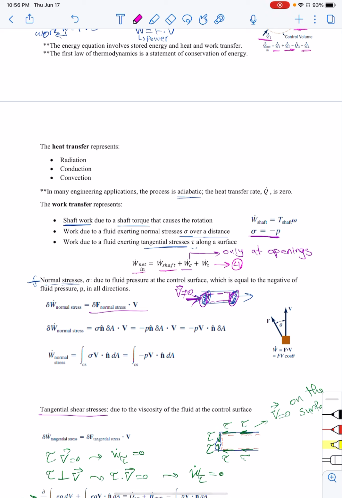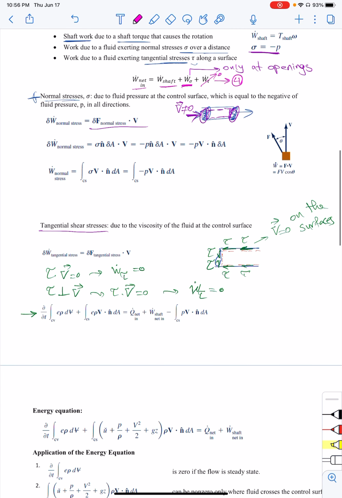So we have the work due to the shaft, which is in rotary devices such as turbines, fans, and then we have this one, and we just saw that it's going to be 0 in all of the control volumes. And then this one right here is also happening only at the openings.